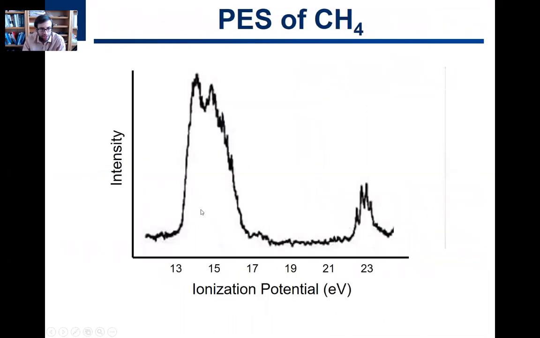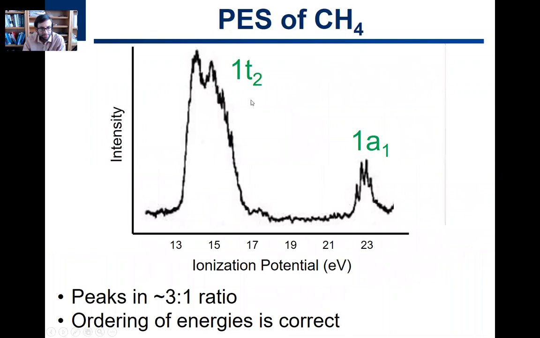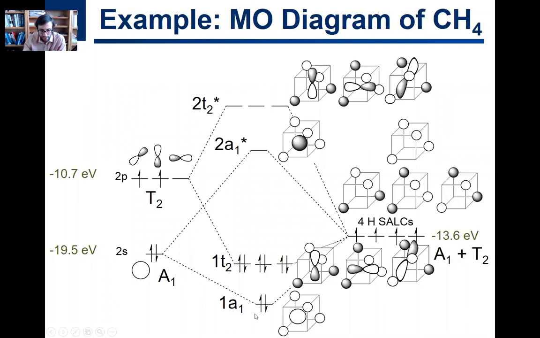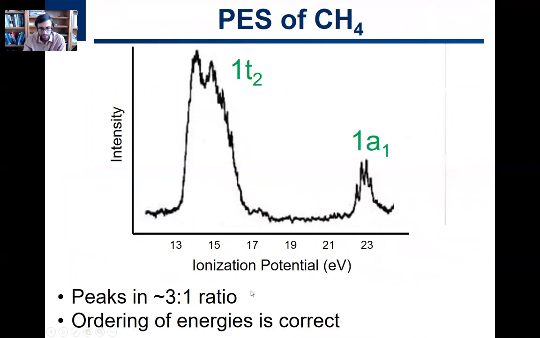If you look at this, the bigger peak occurring around 15 corresponds to the T2, because we have the peaks in a 3 to 1 ratio. The higher energy peak, A1, was more stabilized, so it took more energy to eject the electron out of it.